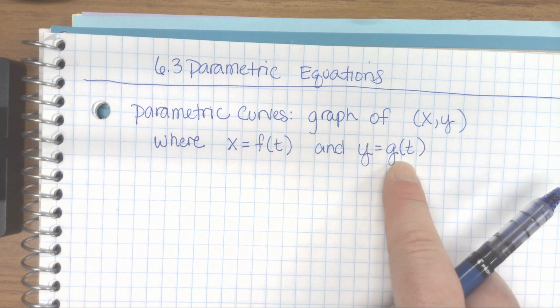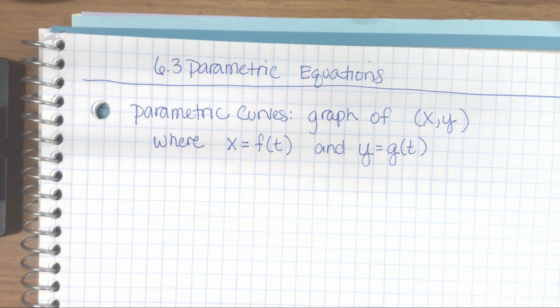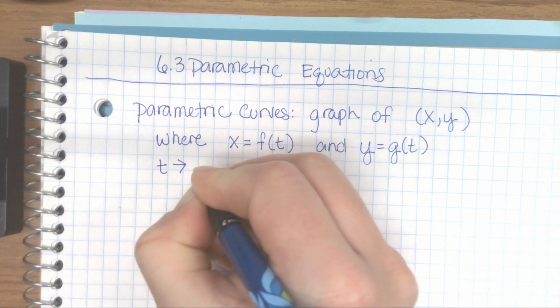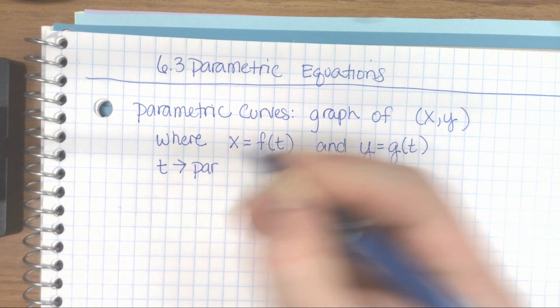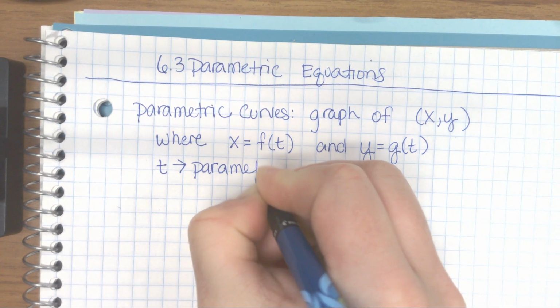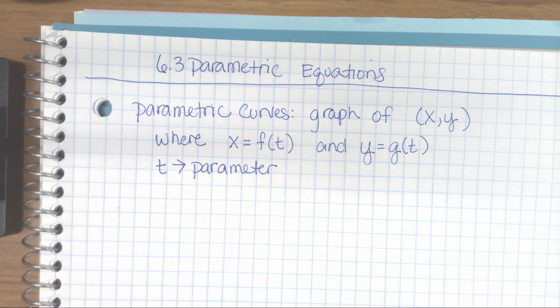Because I'm saying they're based on another equation, I have to add another variable to the mix. What's the new variable that we see? T. So in parametric equations, t is also often called the parameter. So if you hear me refer to the parameter today, or if I ask some instructions based on the parameter, I'm referring to t. All right.